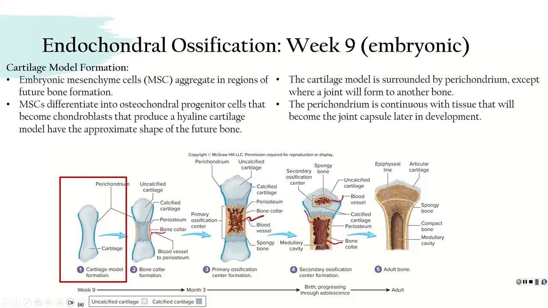Later on, we have starting ossification here. But really one thing I want to note is that the stem cells, mesenchymal stem cells, are the ones forming the bone. And these are the ones that make the bone cells, right? So this early week 9 development is really just cartilage tissue surrounded by a perichondrium, and that's it, right?